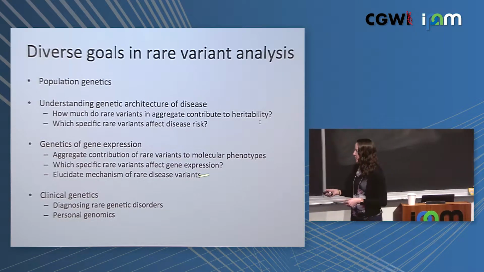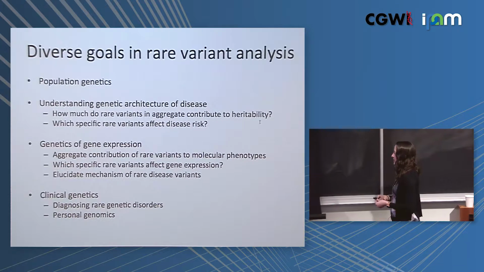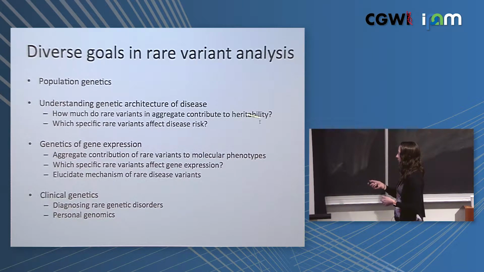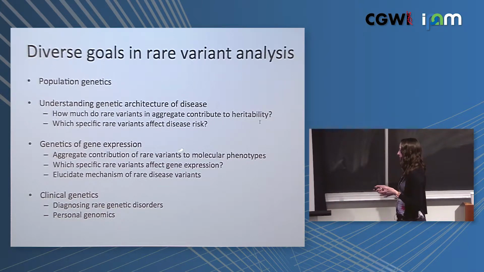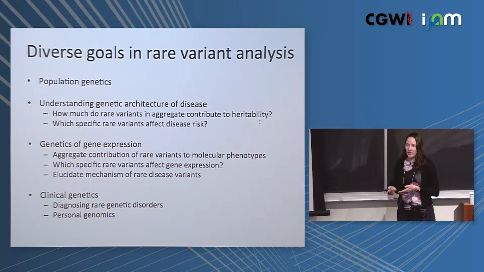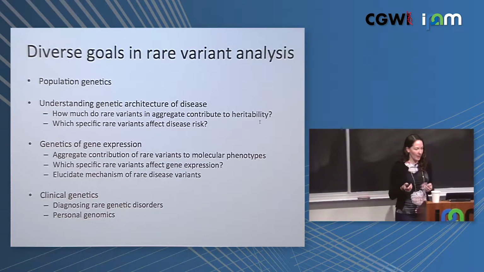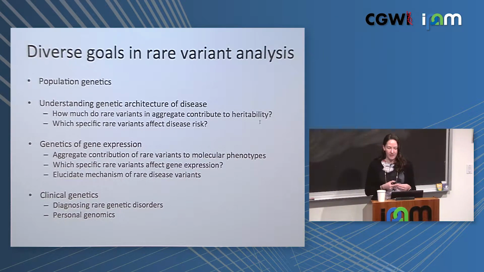A thing that I spend a lot of time studying is the genetics of gene expression. So understanding, similar to the heritability question for complex traits, how much in aggregate do rare variants versus common variants contribute to the heritability of the expression of any given gene? And this is actually something that Noah, who's visiting here along with Ryan Hernandez at UCSF, has a recent paper about that you might want to check out. I'm not sure if he'll talk about it here.